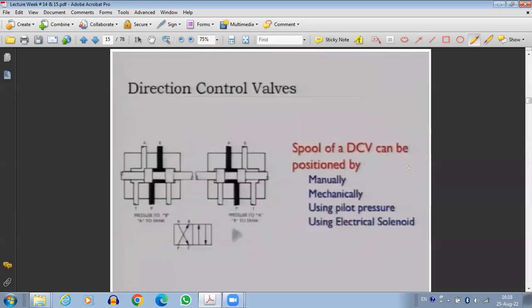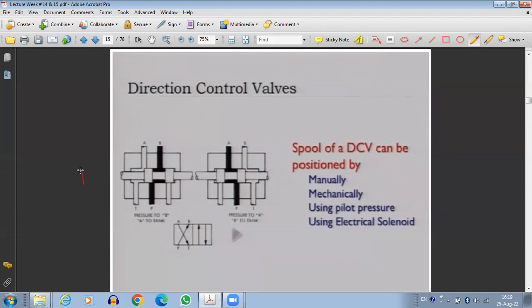Now let's discuss a little about DCVs. DCVs are basically the direction control valves. In the case of DCVs, we have different ports at two ends of the valve.